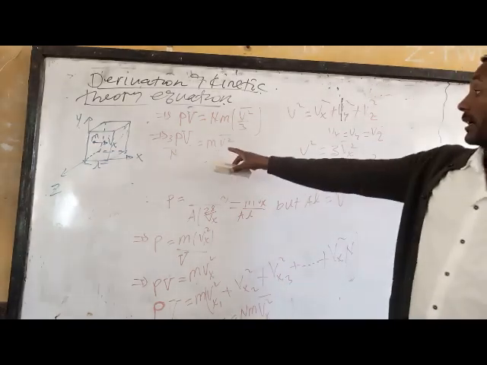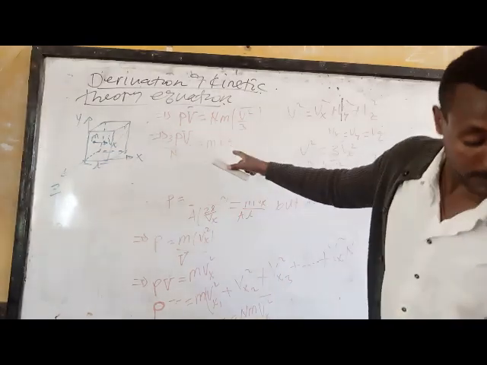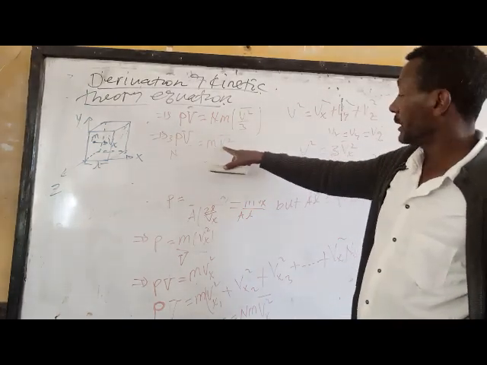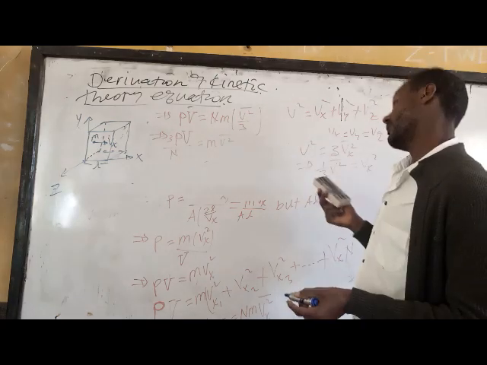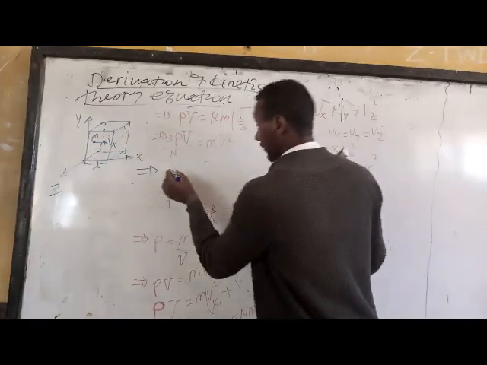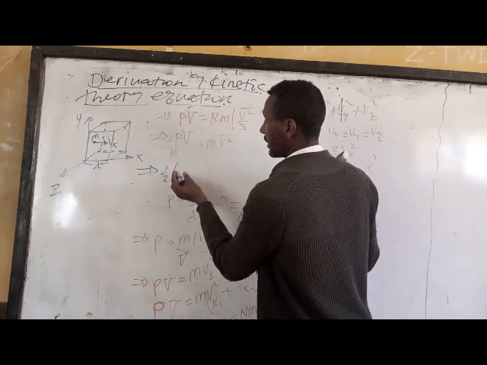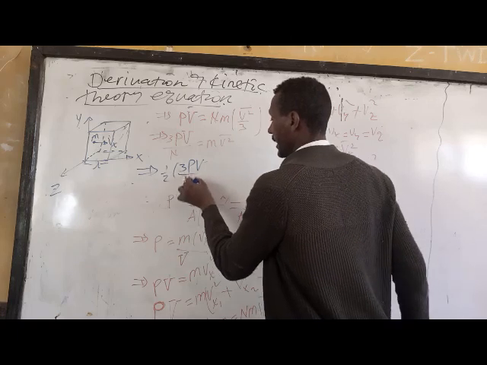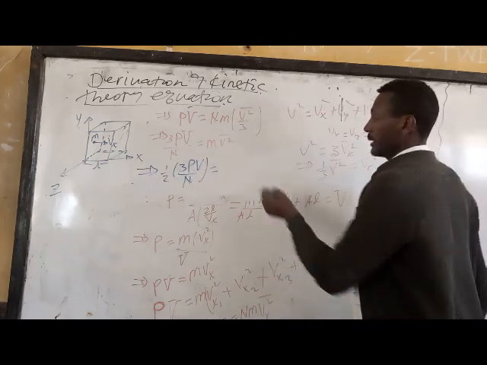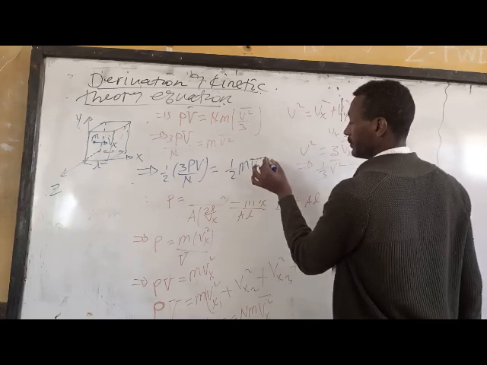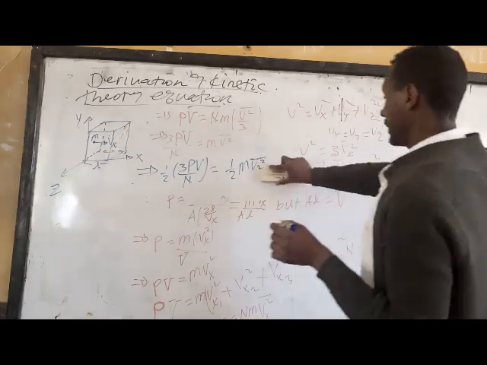What I am interested in is to make this mv squared a kinetic energy form. Therefore, I have to multiply both sides by half. Half times 3 PV over N is equal to half m V squared average.